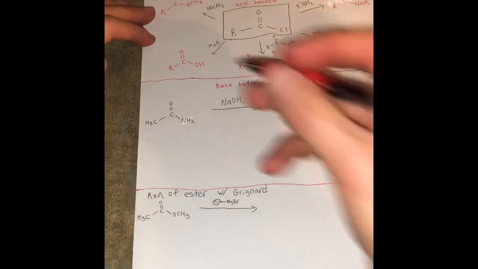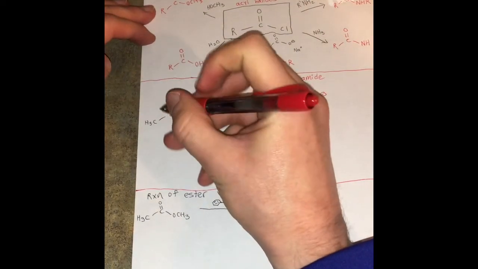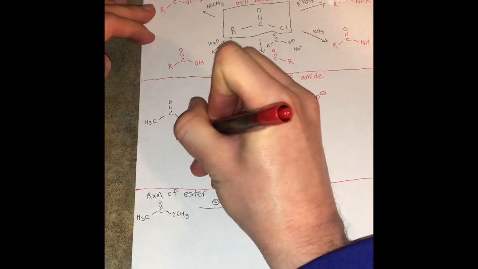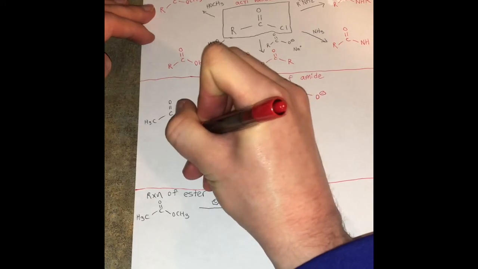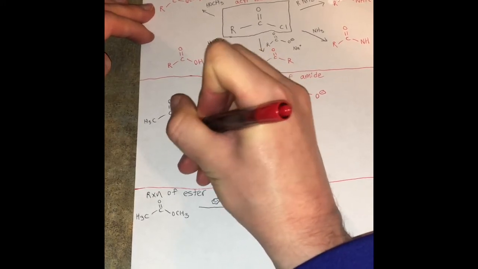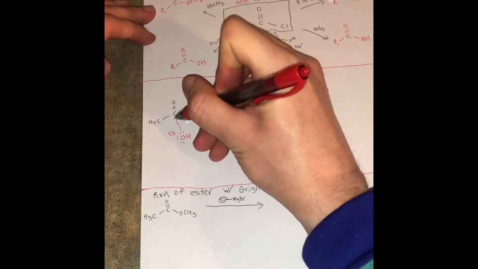So in the first step, we will take an OH from our NaOH. A pair of electrons attack this carbonyl.